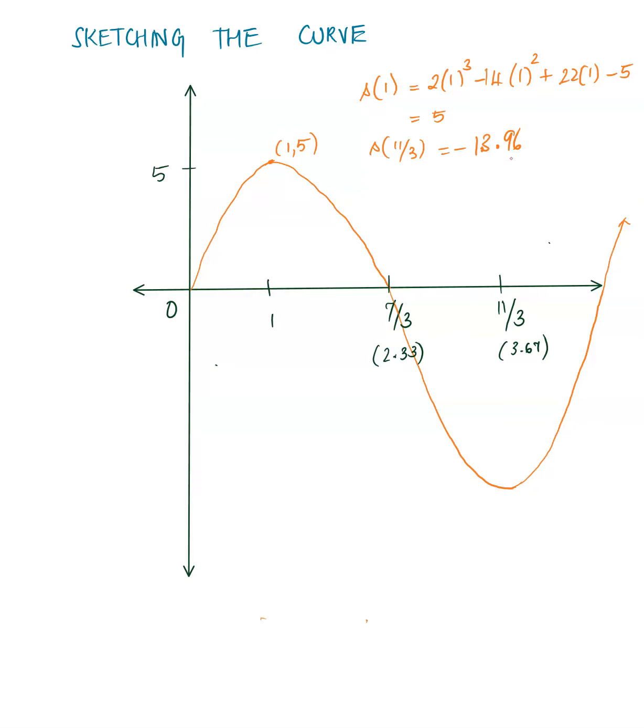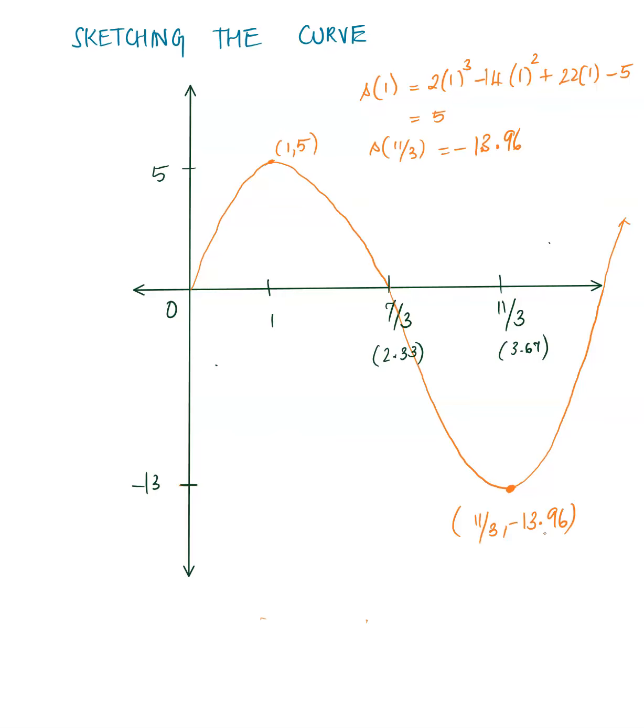So again, my scale is really bad here because this has to go all the way down, further down, because this is 5 here and this will be a negative 13. So that's a disclaimer I have here, that this point will be 11 over 3, comma, negative 13.96, because it's a decimal value.